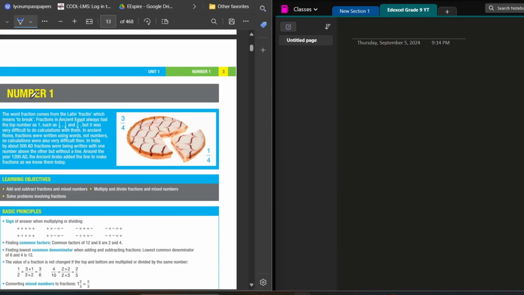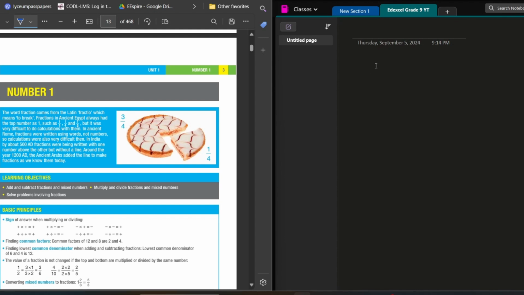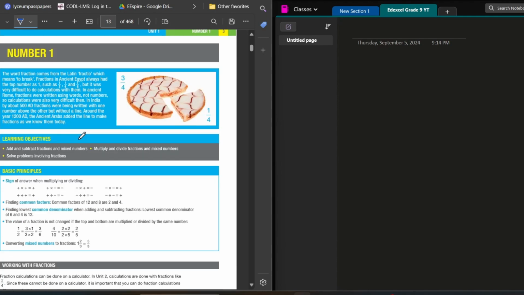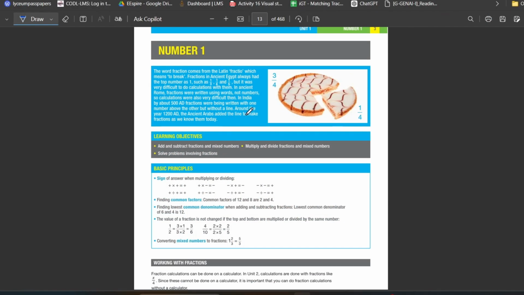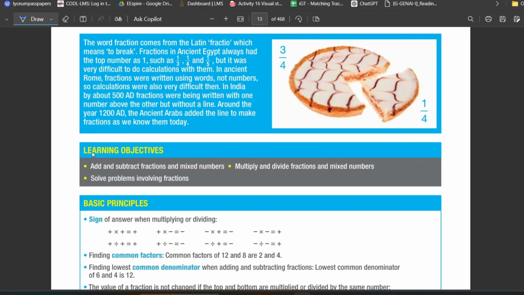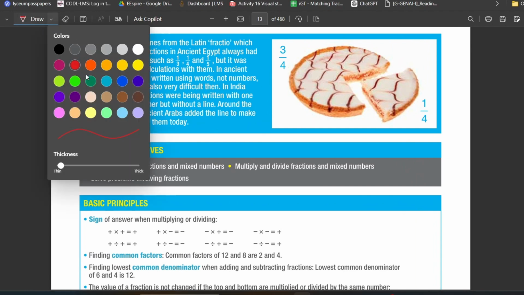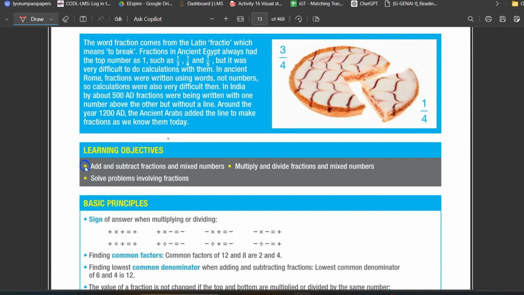In this first lesson, number 1, we have to learn basically about adding and subtracting fractions and mixed numbers.